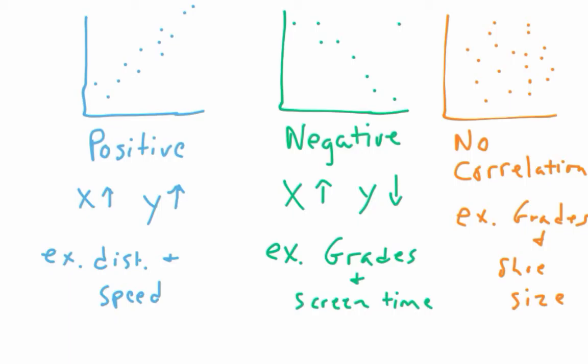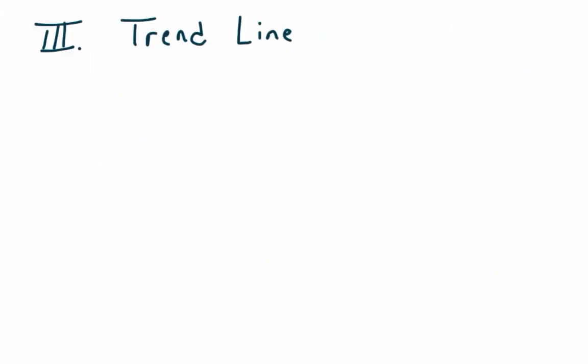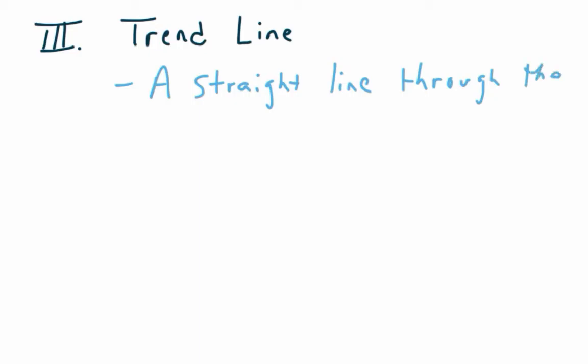For now, we're just going to kind of estimate those. So a trend line is a straight line through the middle of the data.